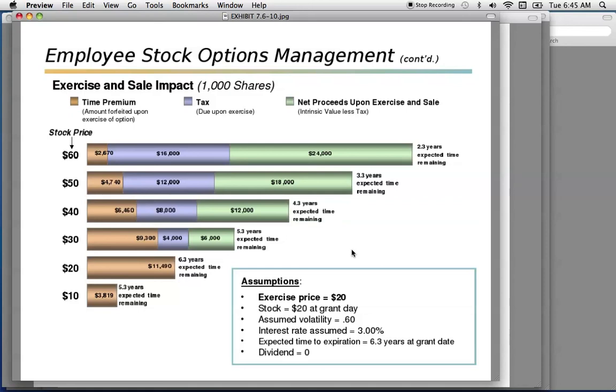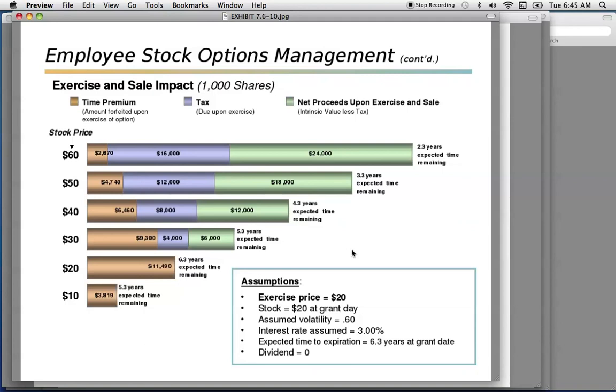The idea of making early exercises, selling the stock, and diversifying is promoted by the industry. It's promoted because the companies get a big benefit when you make that early exercise, because they receive the forfeited time premium, and they receive cash flows from you buying the stock from the company, which issues new shares, and they get a tax deduction equal to what you're claiming as income.